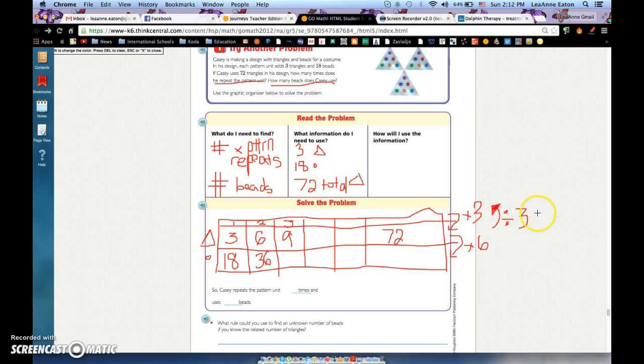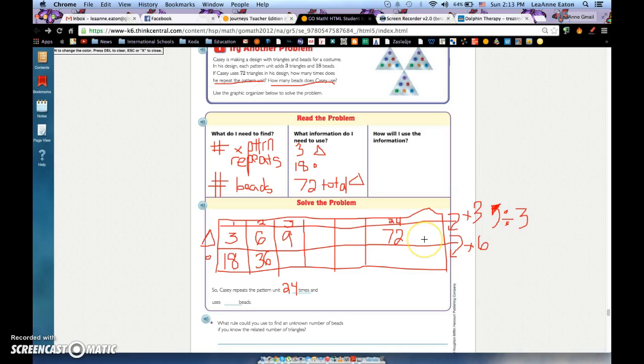So 72 divided by 3. 3 goes into 7 2 times. 3 goes into 12 4 times. So it's 24 units. How many times does the pattern repeat? It repeats 24 times.